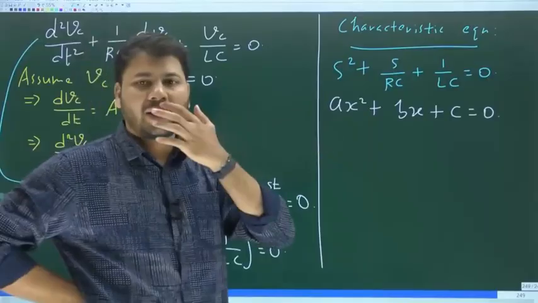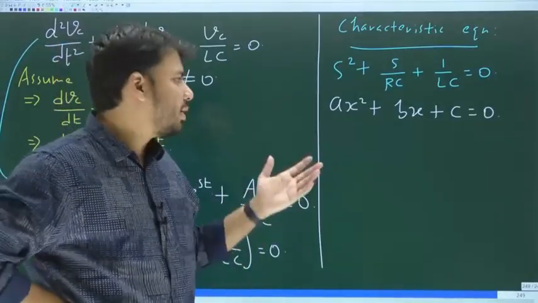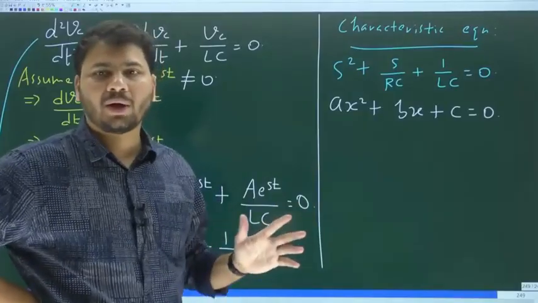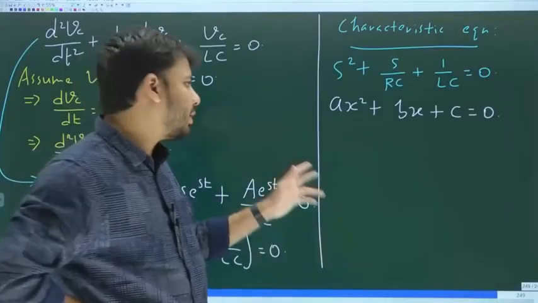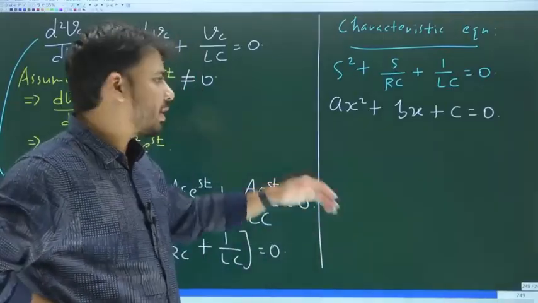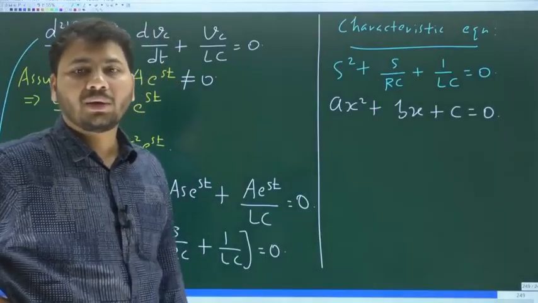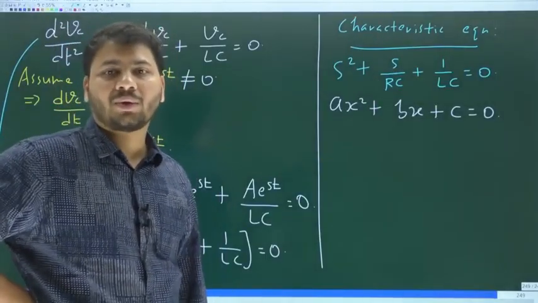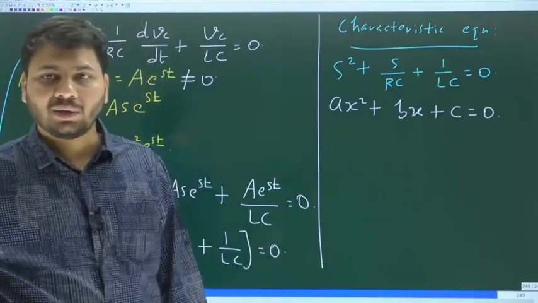And you know, for a x square plus b x plus c, the 2 roots of the equation are minus b plus or minus square root of the determinant, which is b square minus 4ac, divided by 2a. Let us use the same result to write down the 2 roots of this characteristic equation, which are also going to be the 2 poles of our parallel RLC circuit.